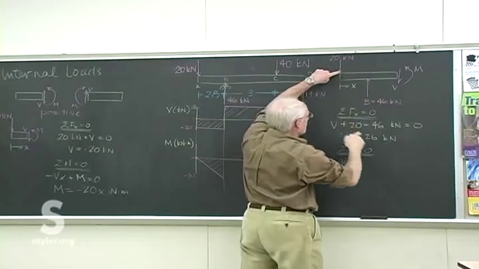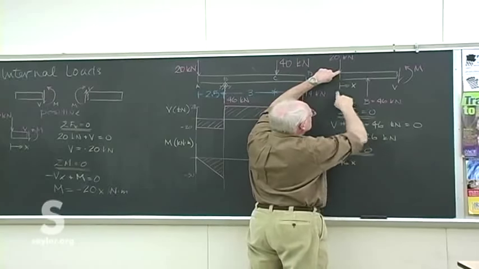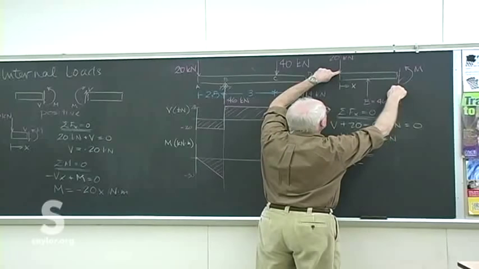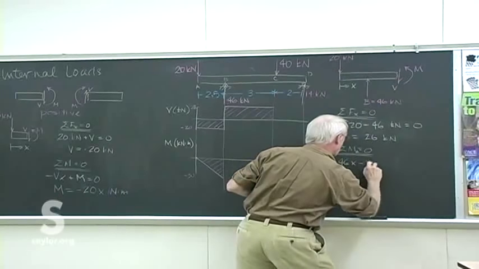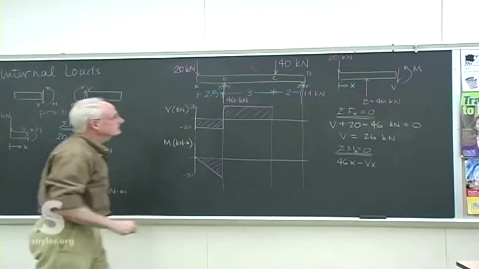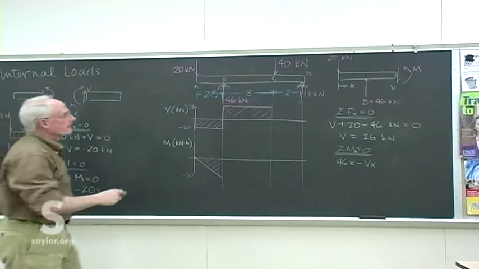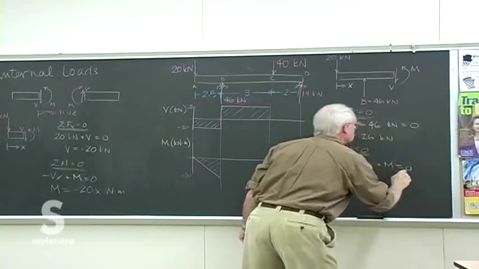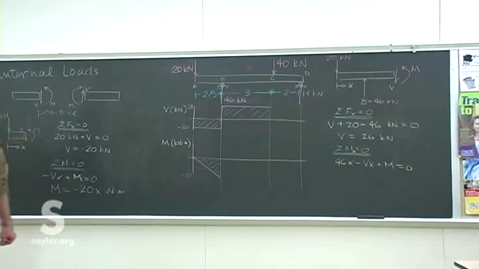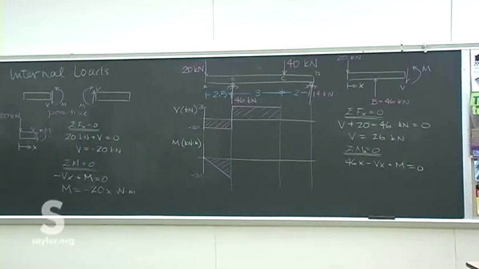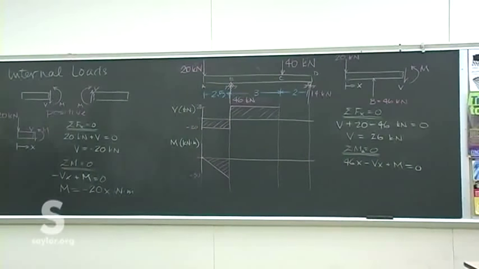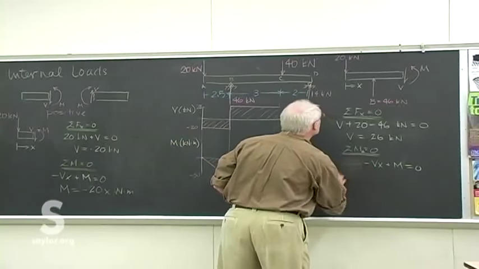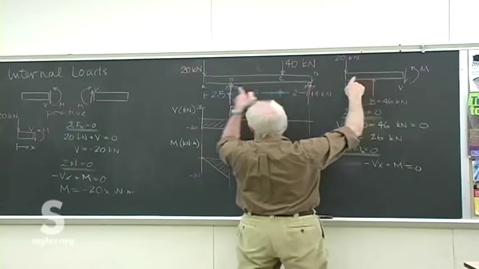If we're doing moments about that end A, then minus V x plus M equals 0, where M is that internal free moment there. Okay. Oh, sorry, this it's not 46x. It's 46, we know that distance, it's 2.5.